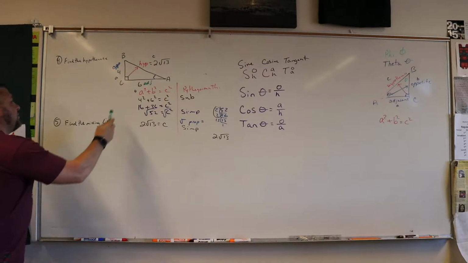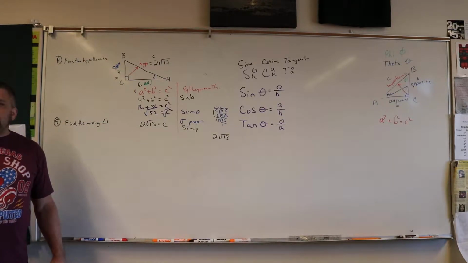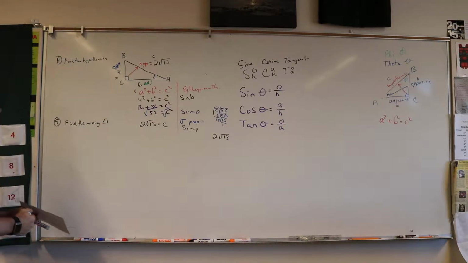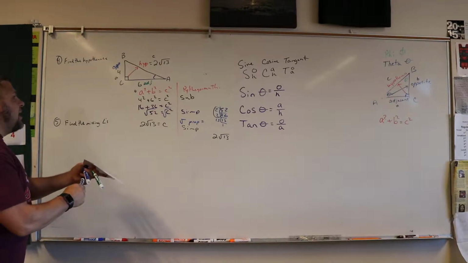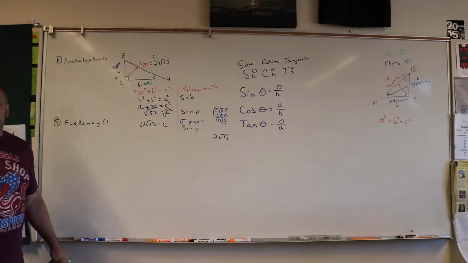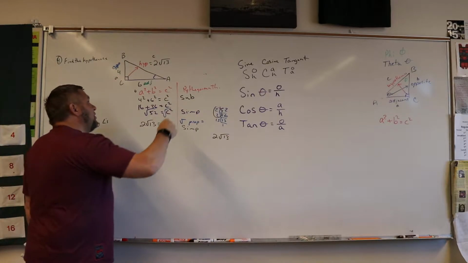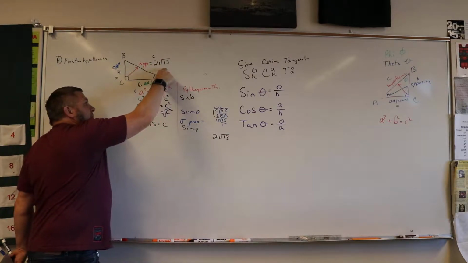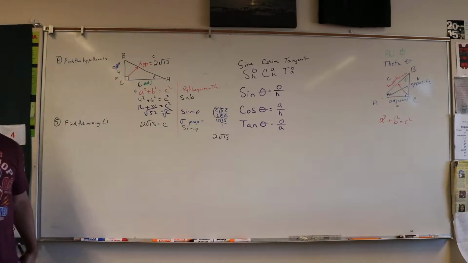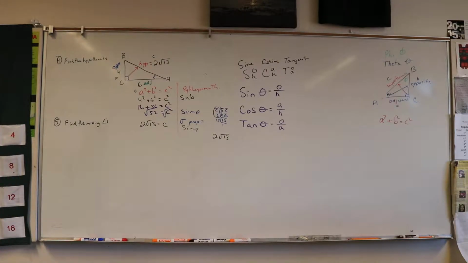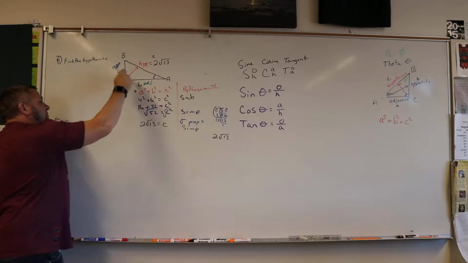Now, if I want to do sine, it'd be opposite over hypotenuse. But what do you want to use? Do you want to use this nasty number or these two nice numbers? The two nice numbers. So you go with opposite and adjacent.